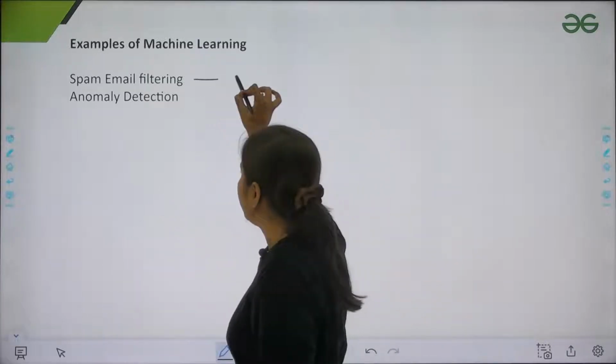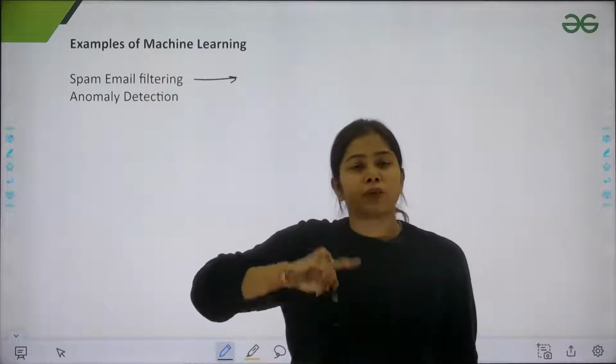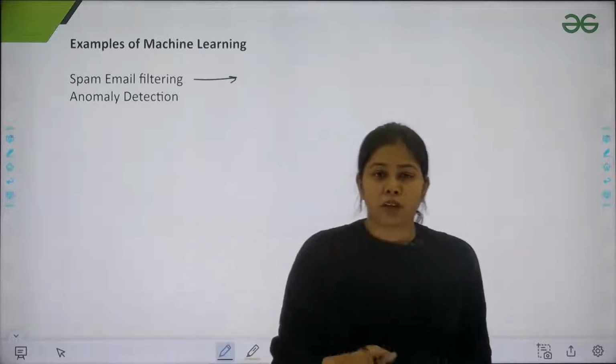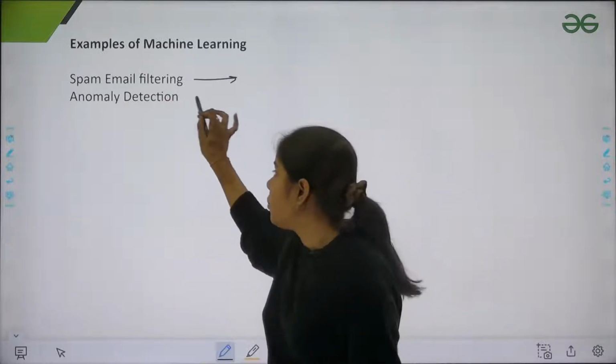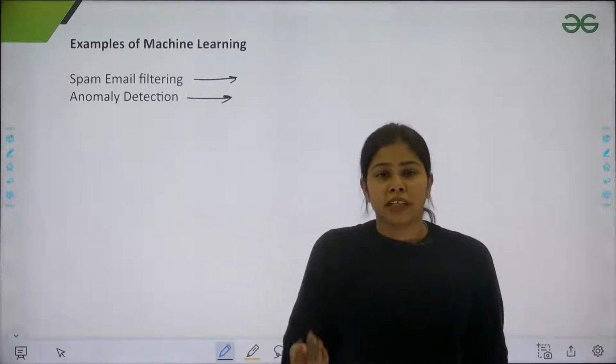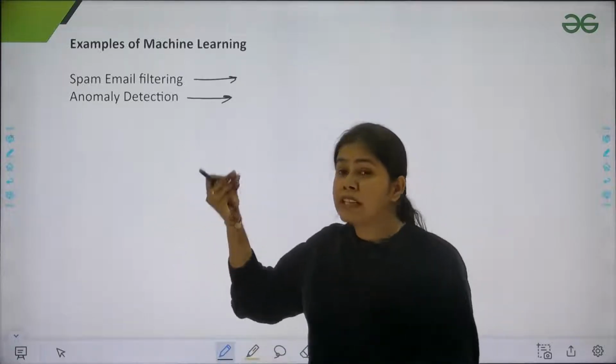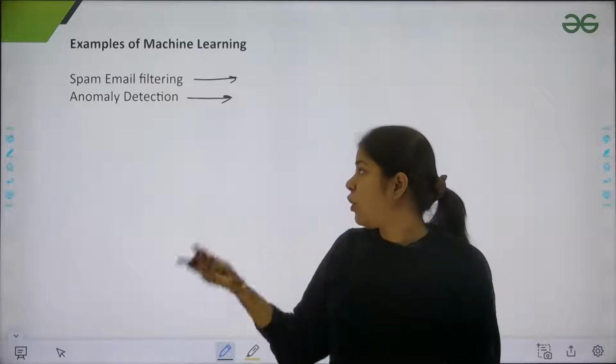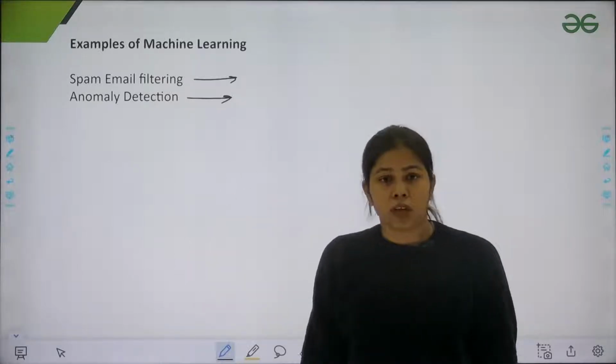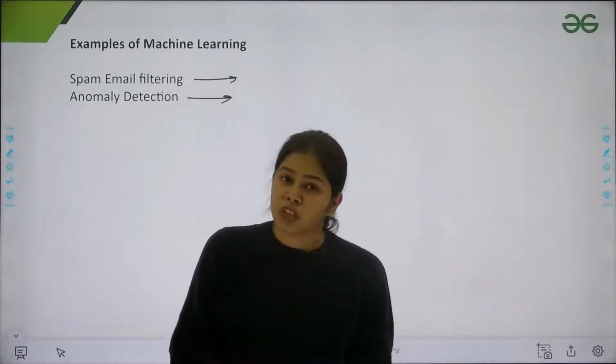I already told you about spam email filtering, in which we classify whether a particular mail is spam or not. Then anomaly detection. Anomaly detection is finding out whether there is any fraud or outlier in my data set. It usually gets used in the banking sector.